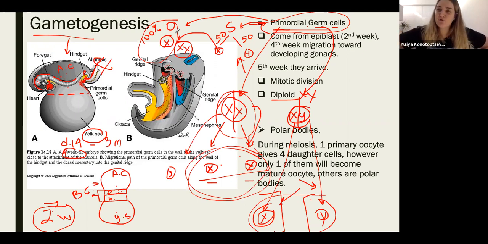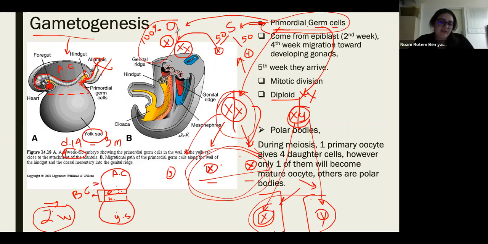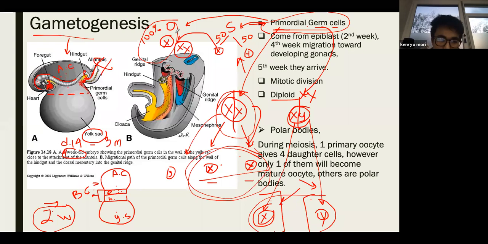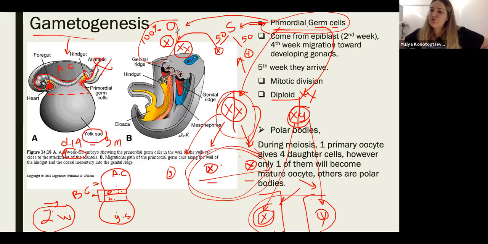Where do gametes come from? The PGC. Are PGCs haploid or diploid? Diploid. If I want my PGC to give rise to oocytes, which chromosomes should it contain? XX.